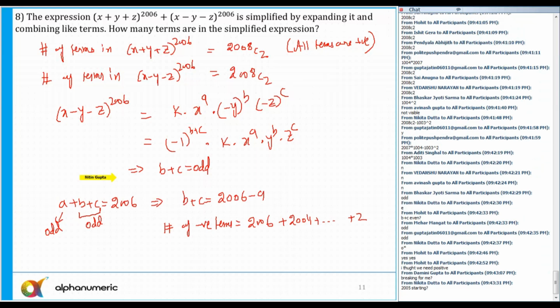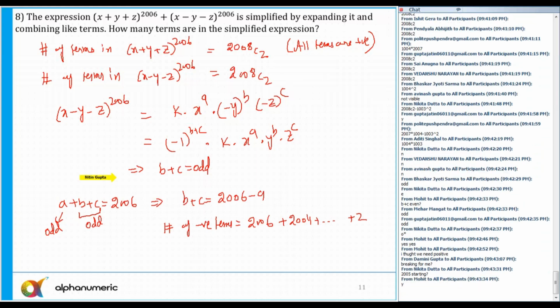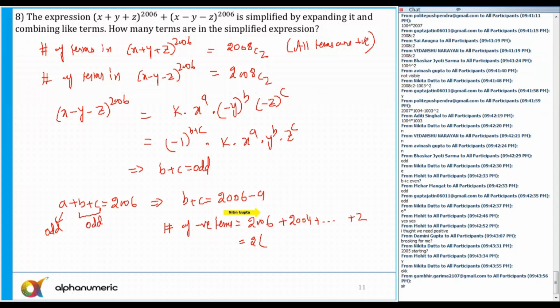Or you can take out 2 as common. If a is equal to 1, then b plus c is equal to 2005. I need to make one partition, so 2005 plus 1, that is 2006 C1, which is equal to 2006.